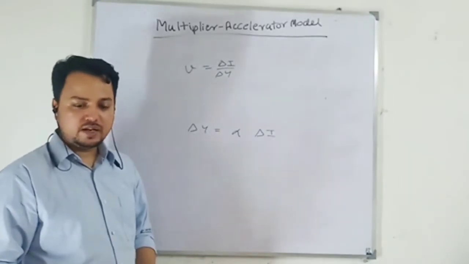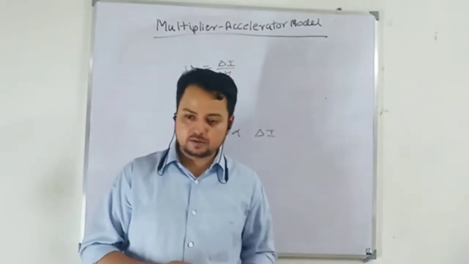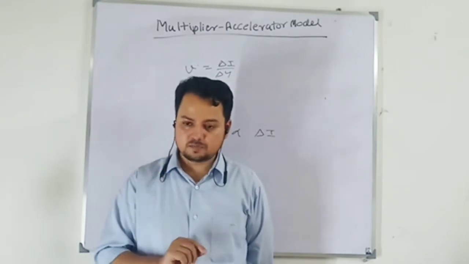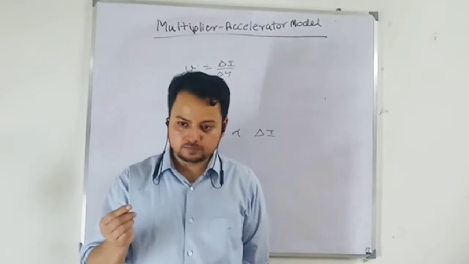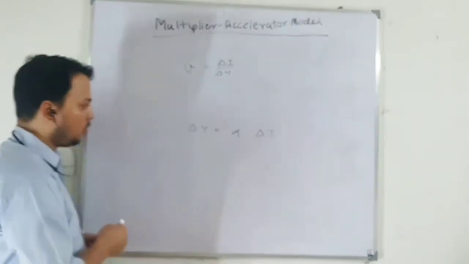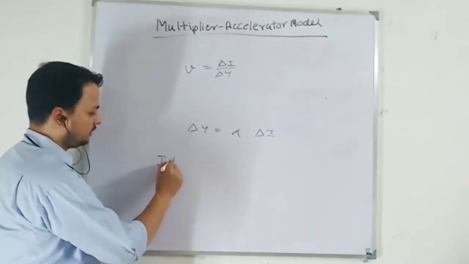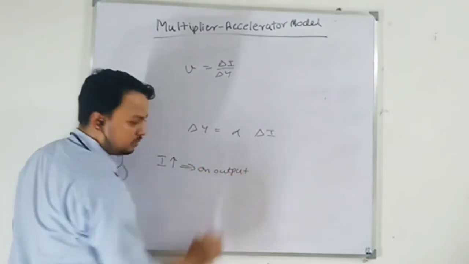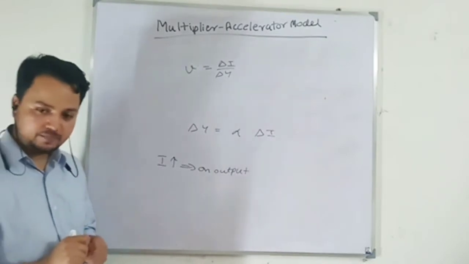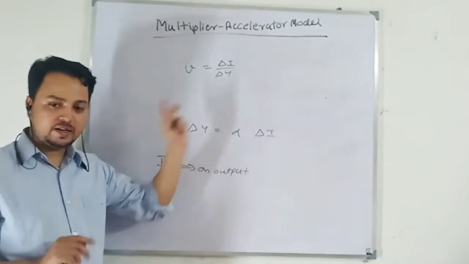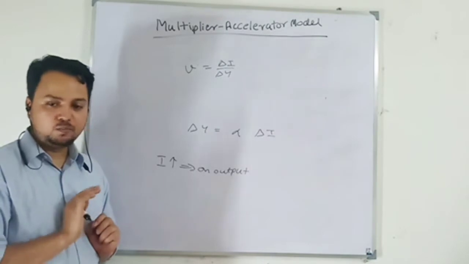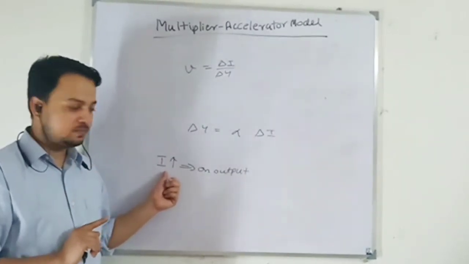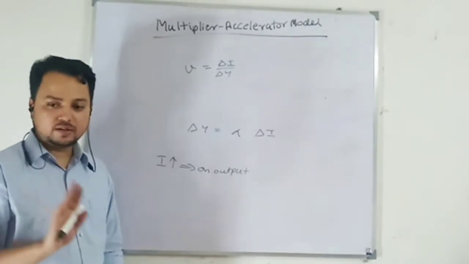So in the accelerator multiplier model, we are looking at the impact of initial investment on output. I am repeating again, the impact of an increase in initial investment on output, by combining the multiplier as well as the accelerator. So we are combining both and looking at the impact of the initial increase in investment on output. This you can write in the definition.